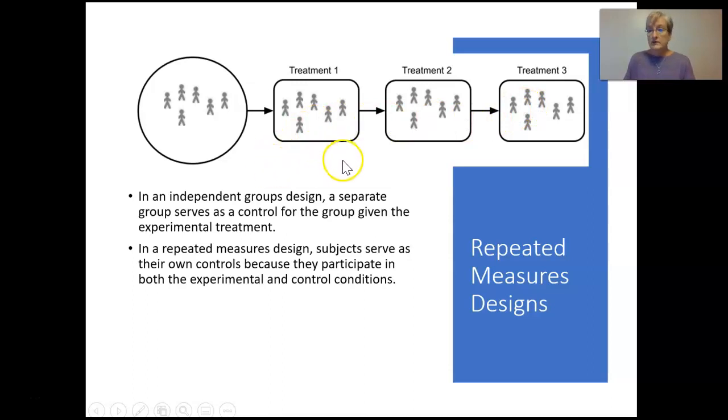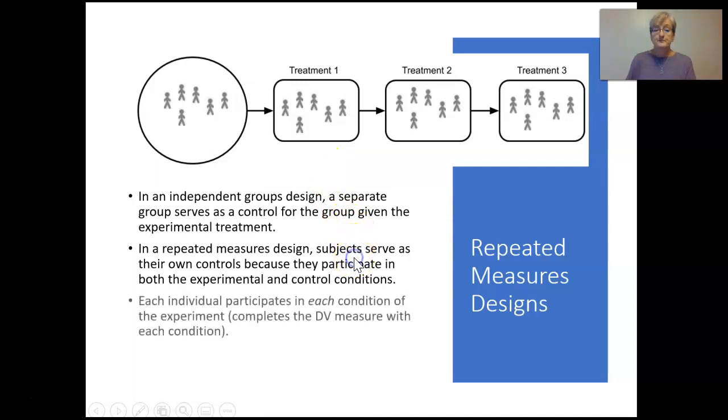For some people you might vary the order, but at this point, what you're doing is comparing all of your participants' performance under the treatment versus their performance under the control condition, and that allows you to use the participant's own performance as its own control. Each individual participates in every condition of the experiment, and the dependent measure, whatever measure you're using, is taken with each condition.